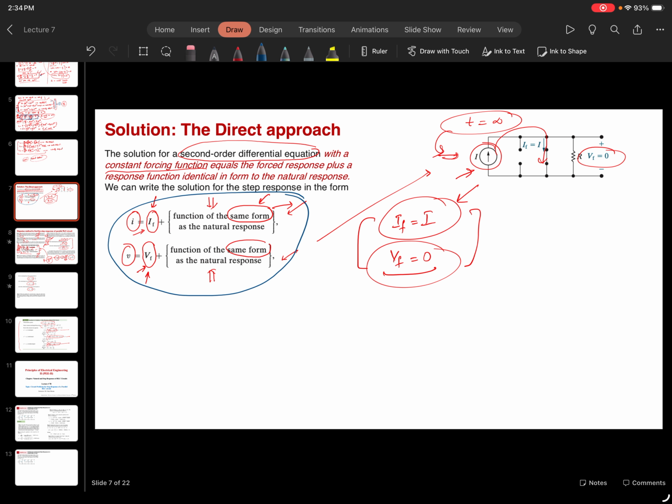The concept is that if you have a forcing function in a second order differential equation, and you have already evaluated the equation without the forcing function, you can use that natural response derivation and add a forcing function to it. Again, your constants are going to be different, but the forms of those equations are going to be similar.